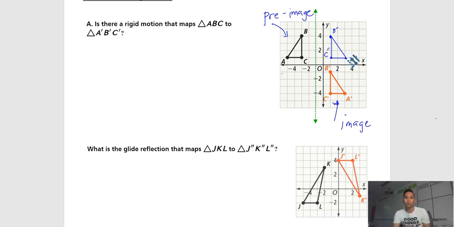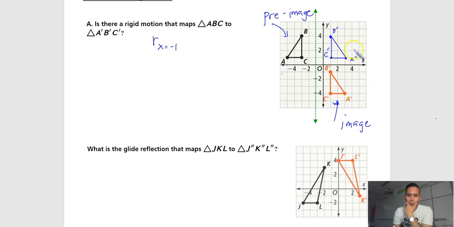So we did reflection, and then from there, remember, the first thing that we did is we reflect along x equal to -1. That's the first movement that we did.